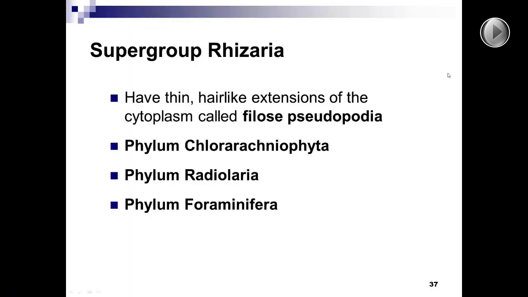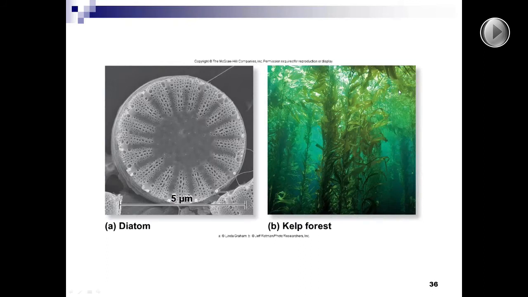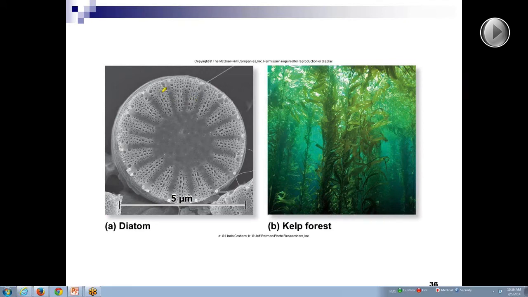Within this group, we have diatoms. And let's see if we can get that back here. The diatoms, you can see, have very beautiful shells. These shells are very ornate. Lots of details, lots of little pores there. The diatoms can actually filter things quite well.